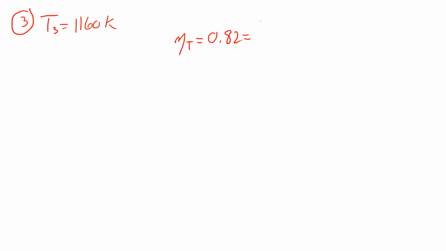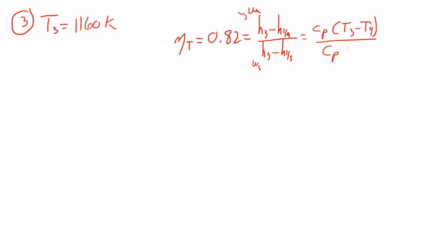The turbine efficiency is described as H3 minus H4 actual divided by H3 minus H4 isentropic, so that would be actual work over isentropic work. Now that we are using constant specific heats, we can factor out the Cp from the delta H to get Cp delta T. And with the cold air standard assumption, the Cps are evaluated at the same temperature.